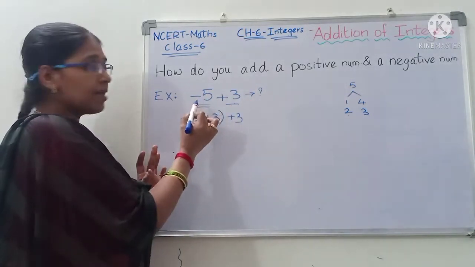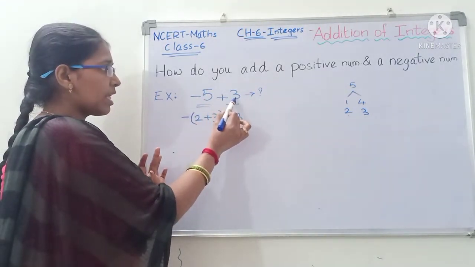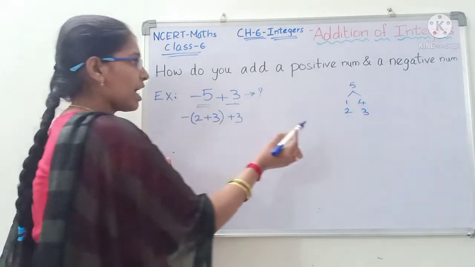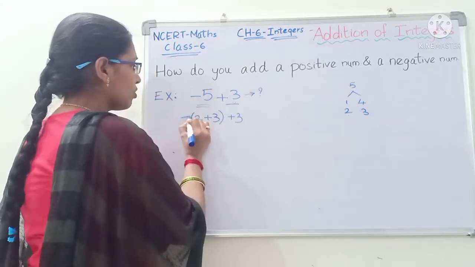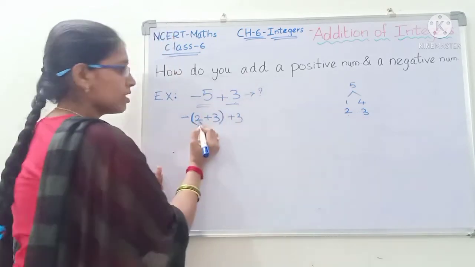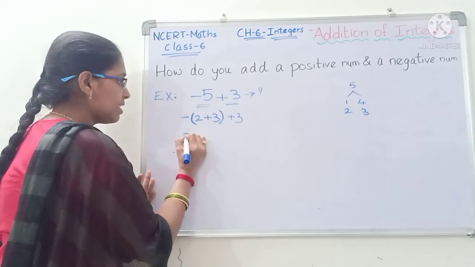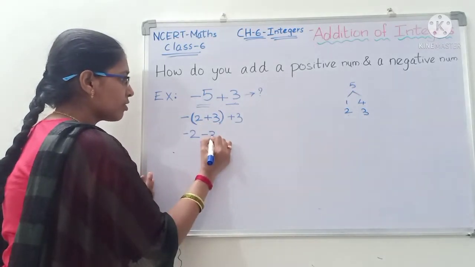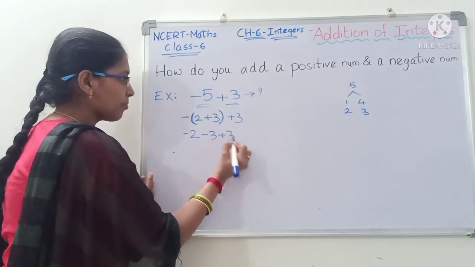Here we are adding minus 5 plus 3. The other number is 3, right? So let's write minus 5 as minus, taking common, 5 written as 2 plus 3. That means minus 2 minus 3 plus 3.